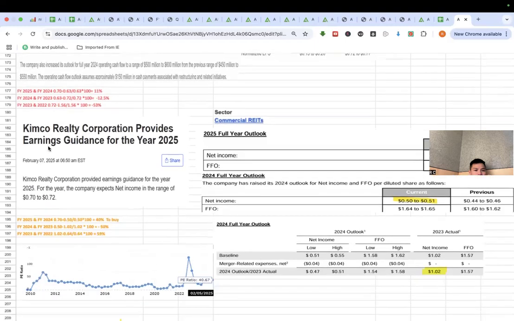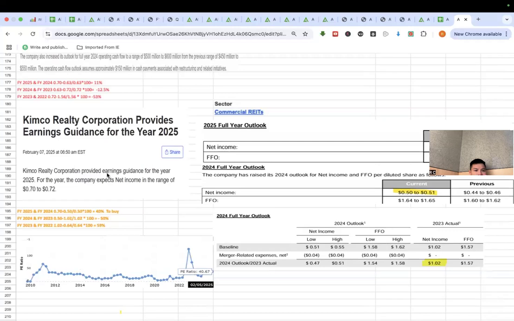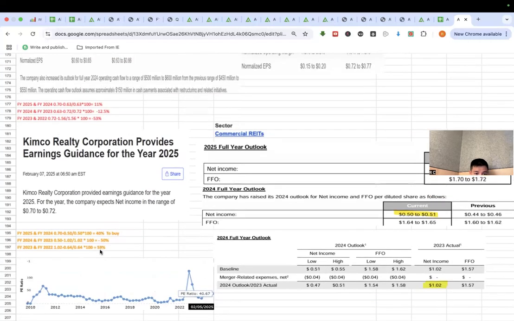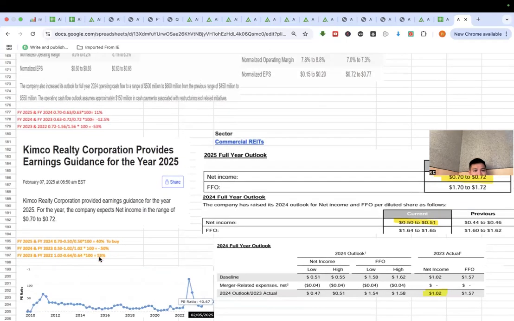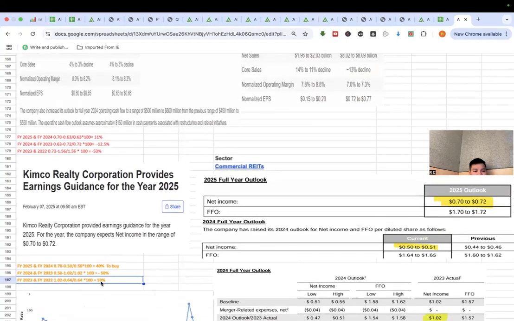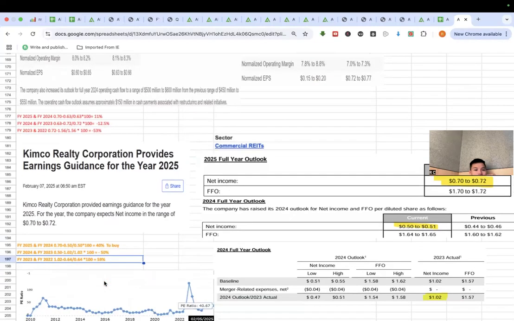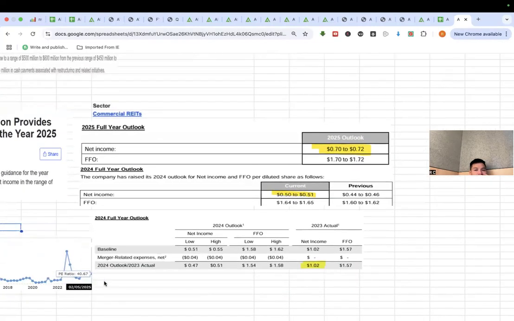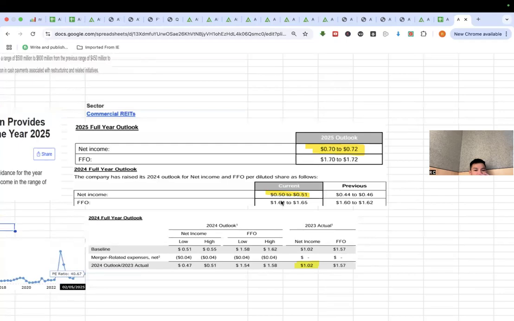Kimco. A lot of people want me to look at Kimco. So 40%, 50, 59. Now, because last time it was already 59, this time 40 is not very big. Okay, but well done for trying. So 0.7, 0.5, 1.